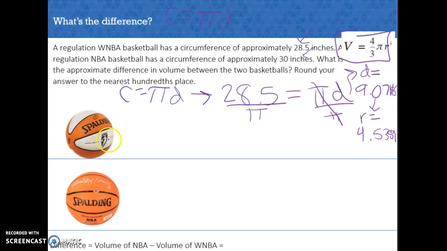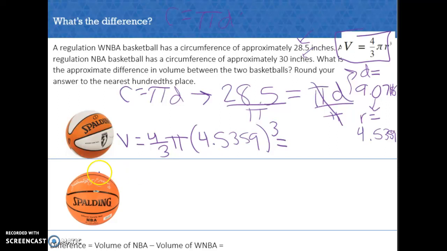Now we plug this in. Volume is equal to 4/3 pi. The radius again is 4.5359, and we cube that so we can get the volume. We're going to go ahead and do that now.